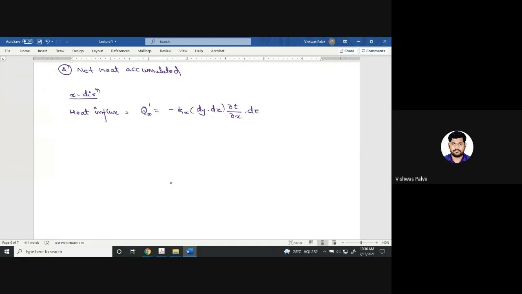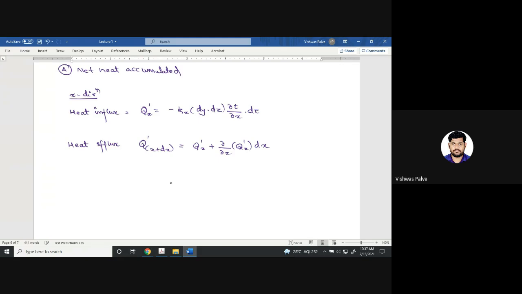During the same time interval d tau, there will be some heat which is flowing out of the body. So that we can say heat which is flowing out of the body, q dash in x plus dx, which will be equal to q dash x plus whatever the change in the heat flow in the x direction, into dx.